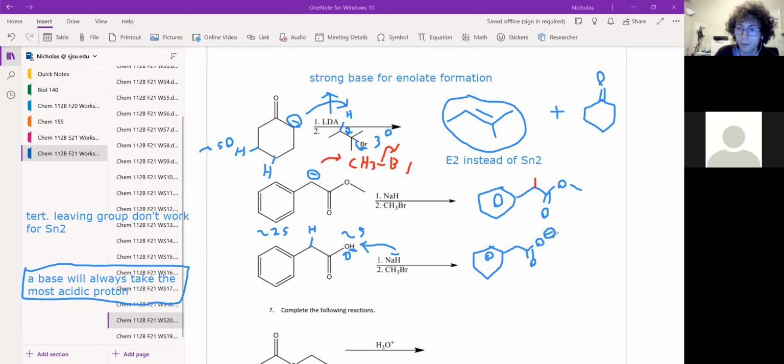So that will lead to a carboxylate forming instead of an enolate, since we took the carboxylic acid's proton. And then it's going to do the same kind of attack. It's going to attack the methyl bromide. And this is going to lead to an ester forming.